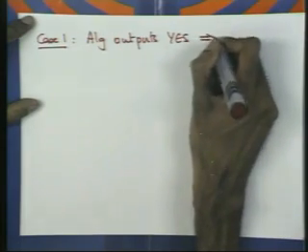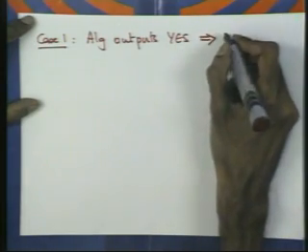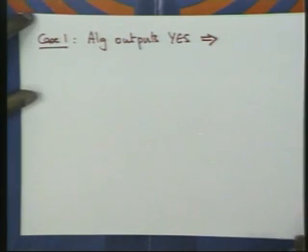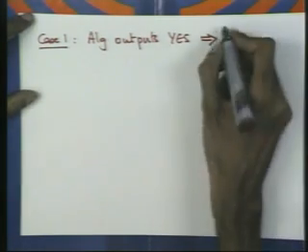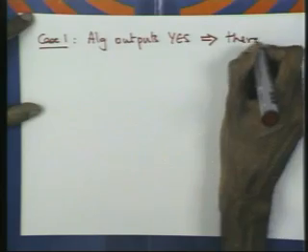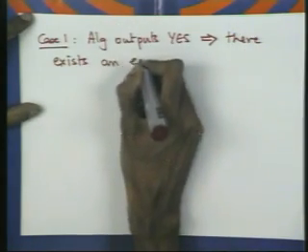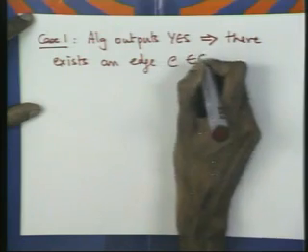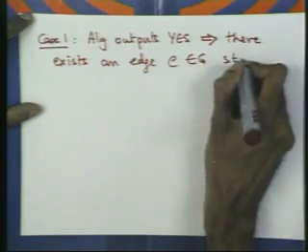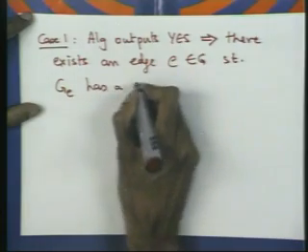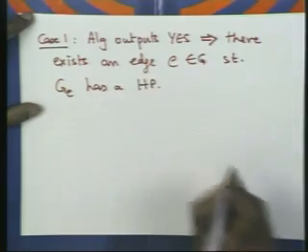So this implies, okay, that means for some edge, HP must output yes. Okay, this means there exists an edge E in G such that GE has a Hamiltonian path.